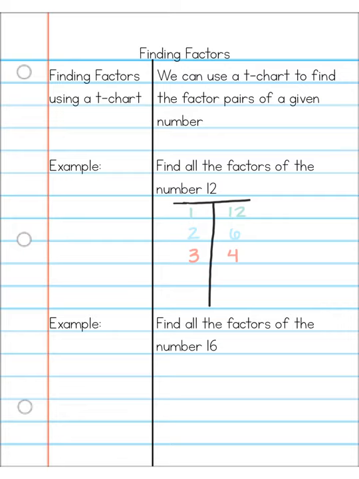I cannot multiply 7, 8, 9, 10, or 11 by anything to achieve the product of 12. And I already used 12 with 1. So these are all of the factors of 12. So if I list them, the factors of 12 are 1, 2, 3, 4, 6, and 12.